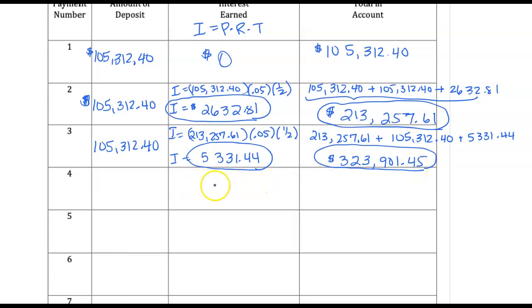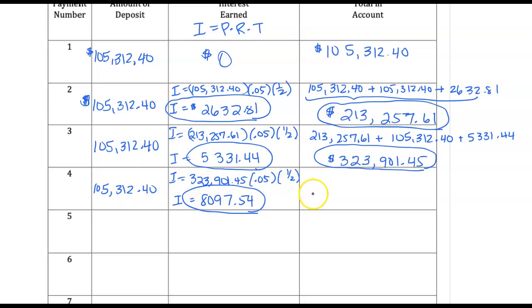The next row, number 4, we're going to calculate in the same manner. To calculate our interest, we're going to take that previous balance that we just calculated times 5% for half of a year, and we end up getting an interest of $8,097.54. Our payment stays the same.